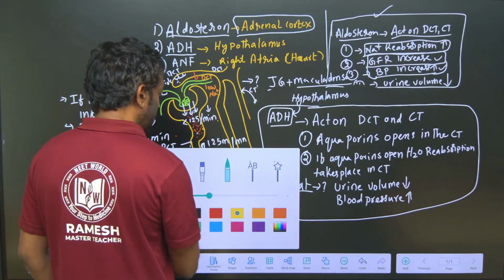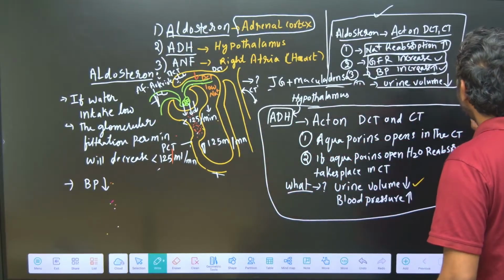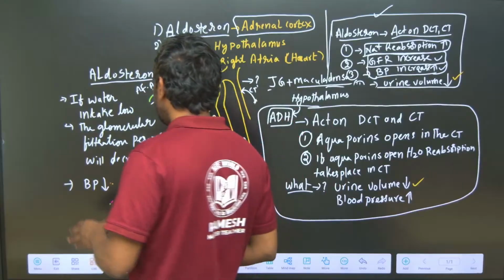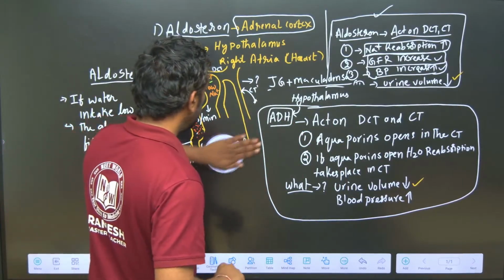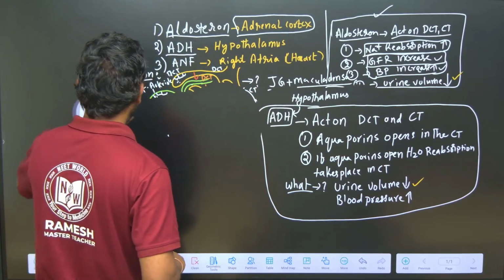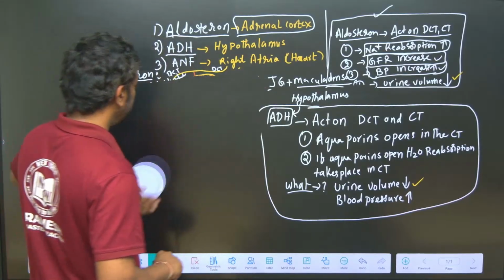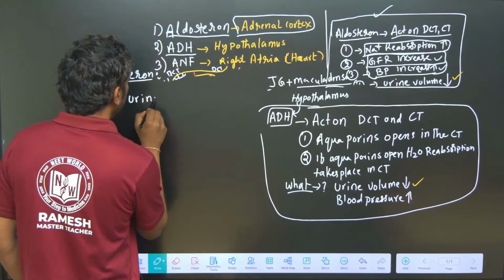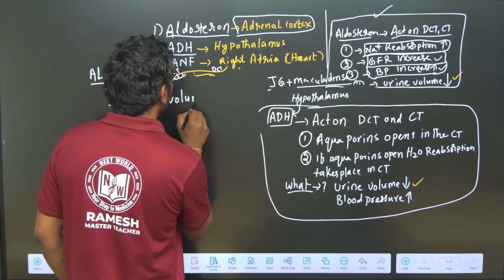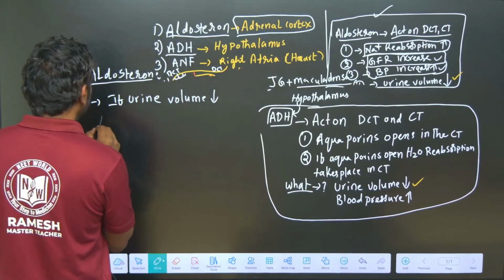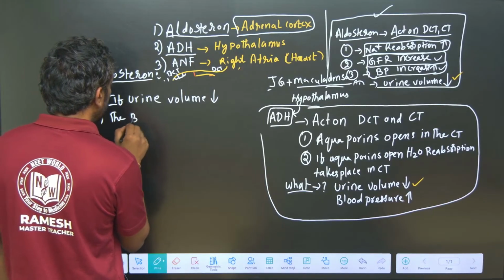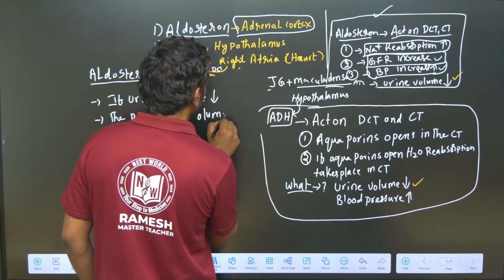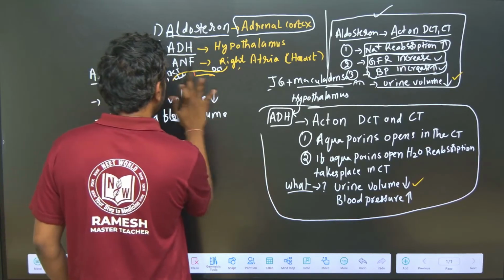Just look here: urine volume decreases. If urine volume decreases in both places, the volume of blood flow increases. Blood volume increases.